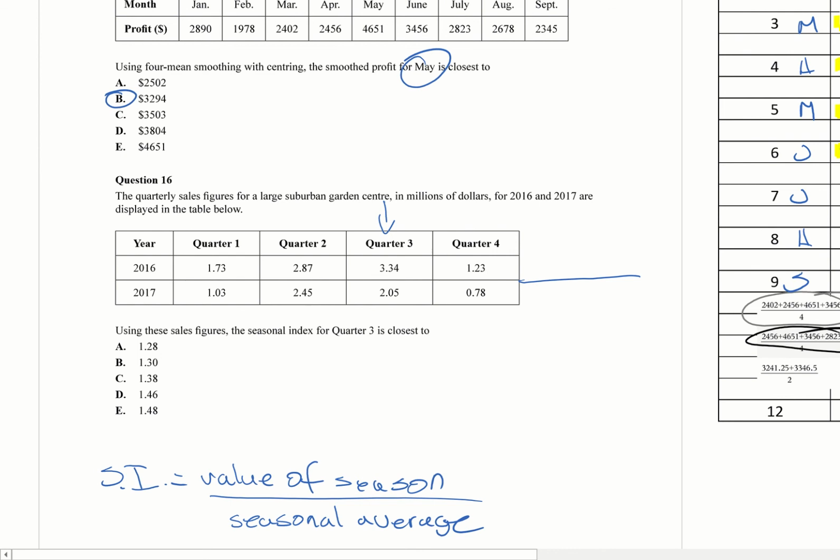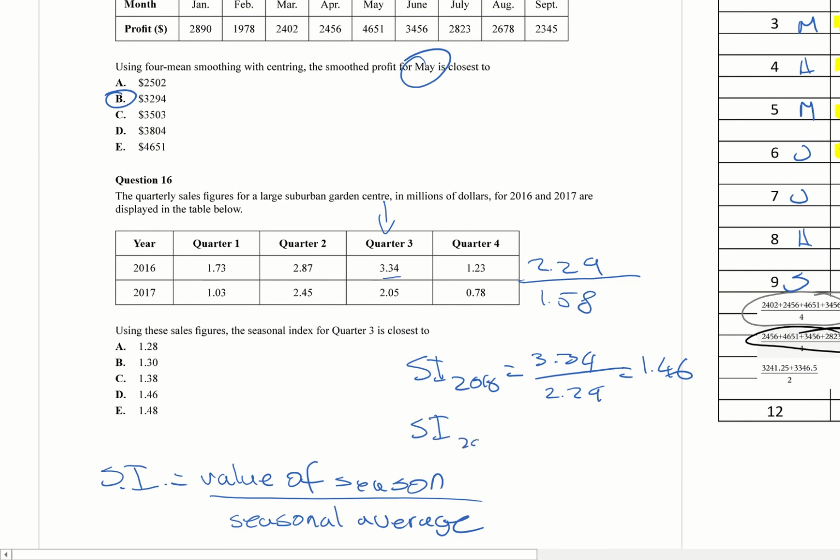The way we do that is we add them up and divide by 4, and that'll give us a value of 2.29 for 2016, and for 2017 a value of 1.58. So the seasonal index for 2016 is going to be the value of the season, in this case 3.34, divided by 2.29, and that will give us a value of 1.46.